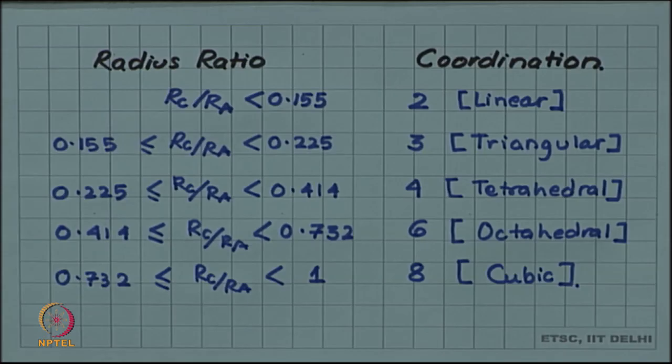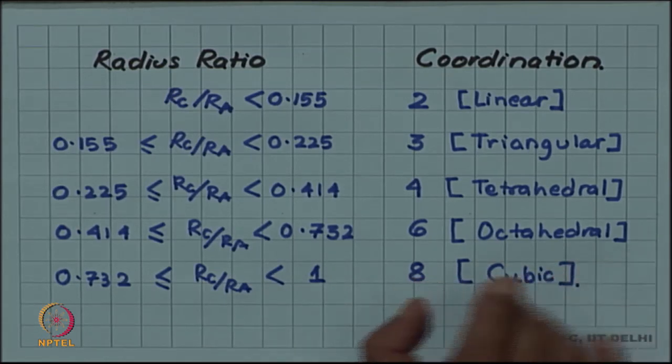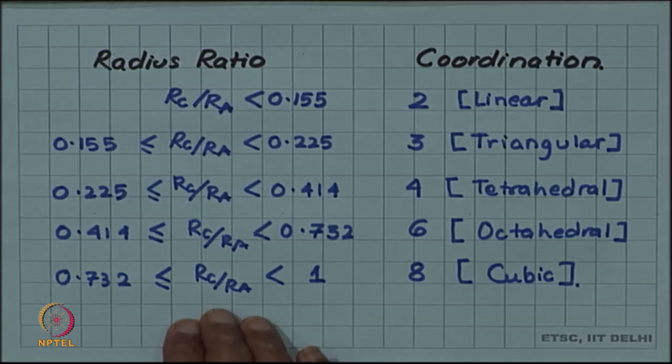So, this table summarizes what we have discussed about the structure, and it tries to predict the kind of coordination which you expect simply on the basis of radius ratio.